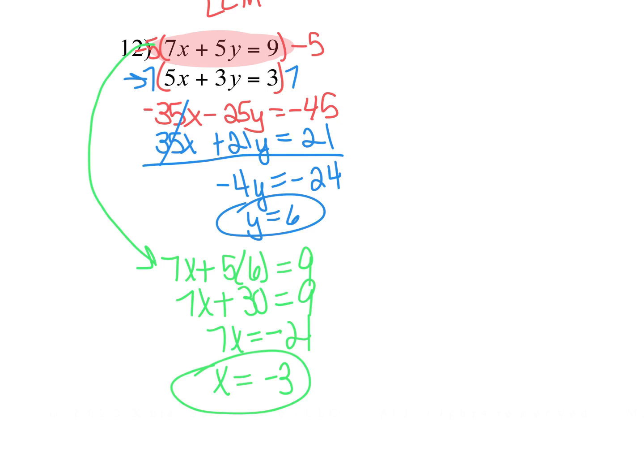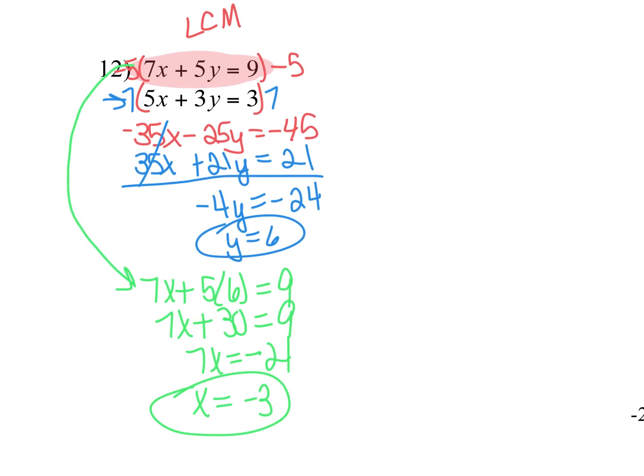Okay, now I know what my x value is. I can take any equation that I want from up here. I'll use that top equation again, and I'm going to put in 7 times -3, because I know x equals -3, plus 5y equals 9.